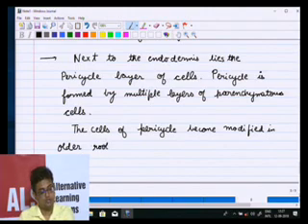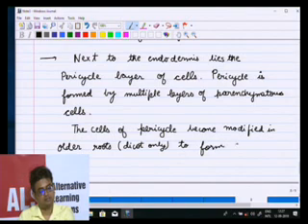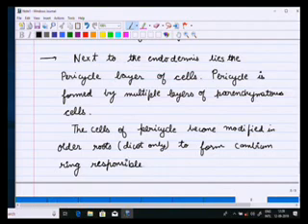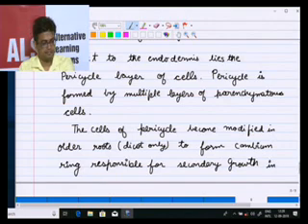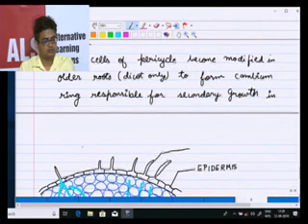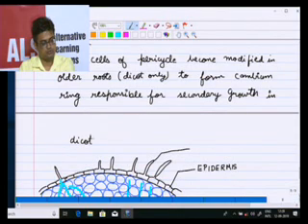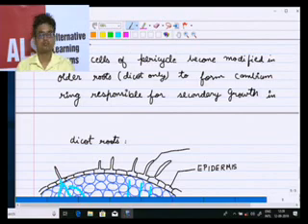In older roots (you can write dicot only) to form a cambium ring. Cambium ring responsible for secondary growth in dicot roots. Okay.